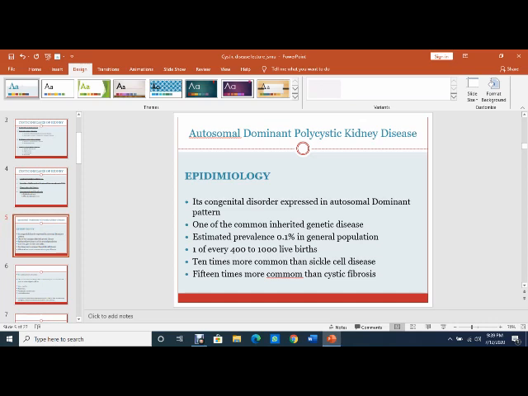Estimated prevalence is 0.1% in the general population, one in every 400 to 1000 live births. It is 10 times more common than sickle cell disease and 15 times more common than cystic fibrosis.